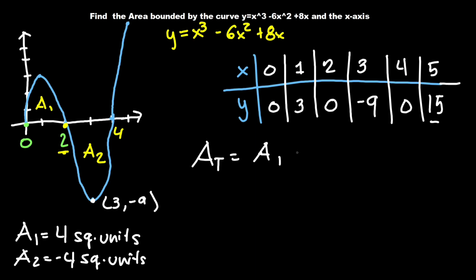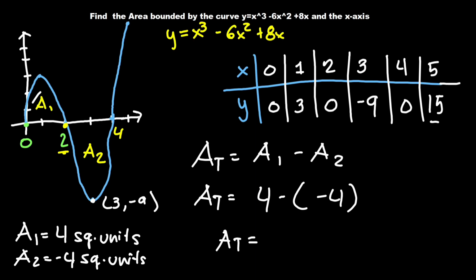And minus, we subtract this because it is below the x-axis, area number 2. And so, total area would be 4 minus negative 4. And so, our total area for these two right here would be equal to 8 square units.